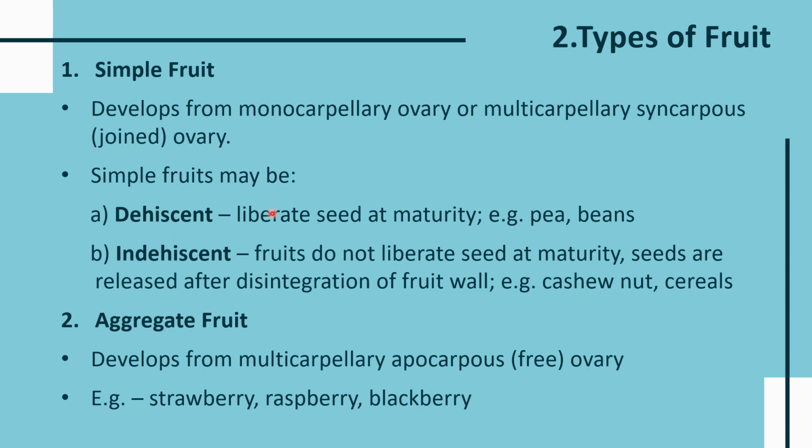A simple fruit may be dehiscent, which can liberate seed at maturity, as in peas or beans, or indehiscent, where fruits do not liberate seed at maturity and seeds are released only after disintegration of the fruit wall, as in cashew nut or cereals. An aggregate fruit develops from a multicarpellary apocarpous ovary, where the pistils are free. Raspberry, strawberry, blackberry, all of them are examples of aggregate fruit.